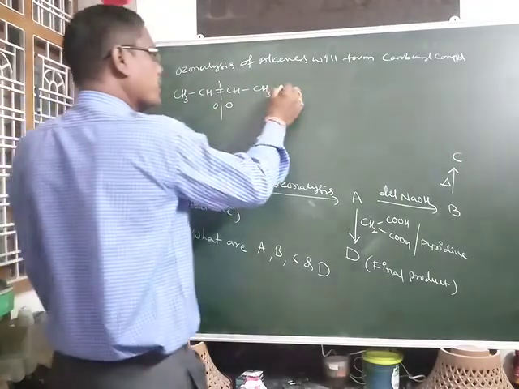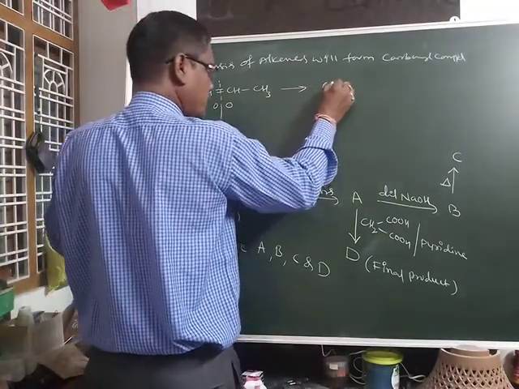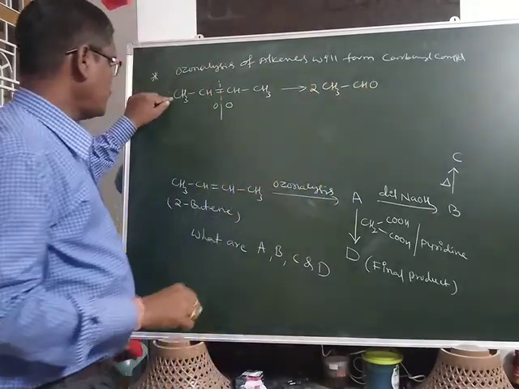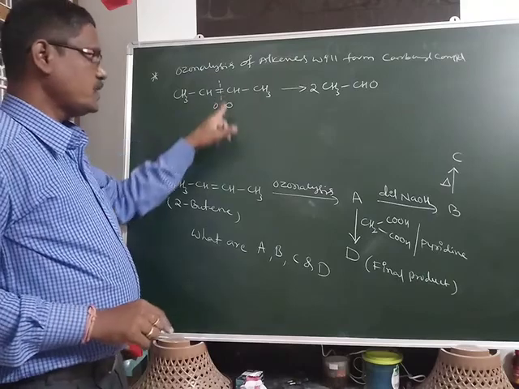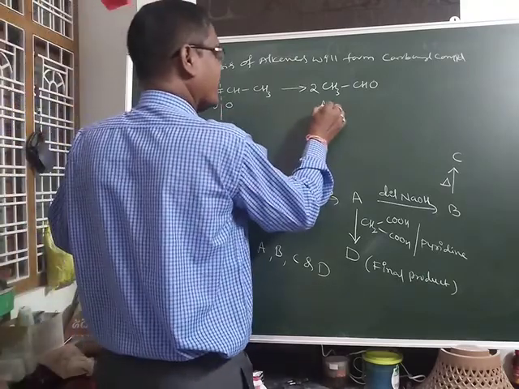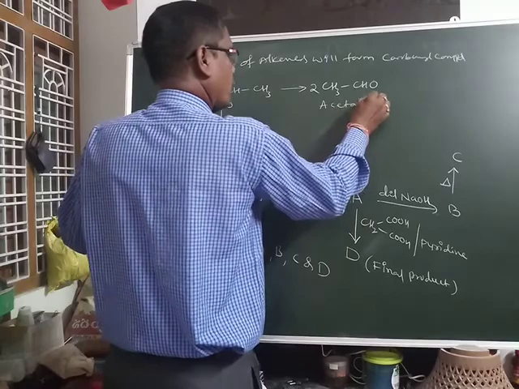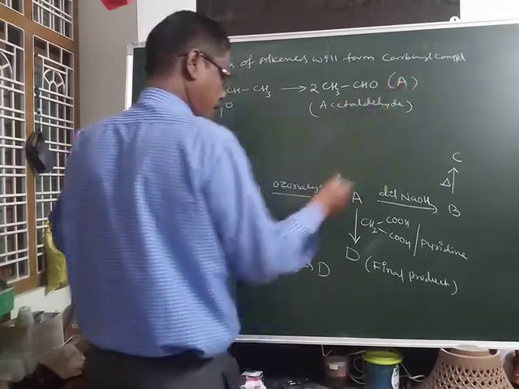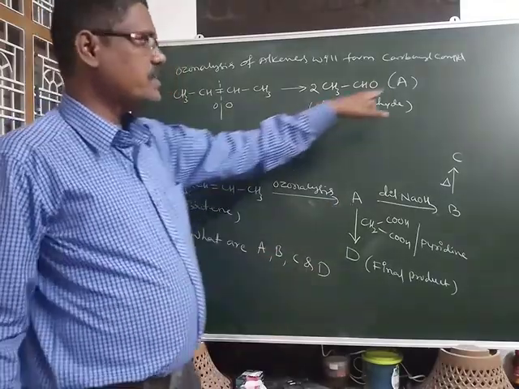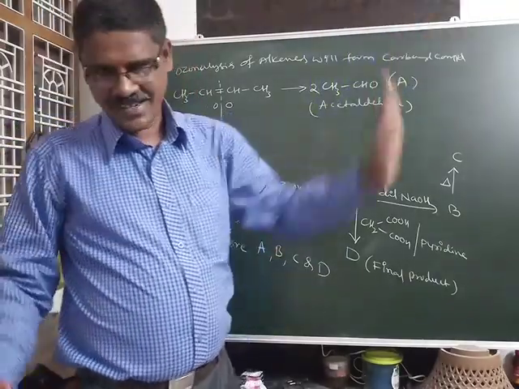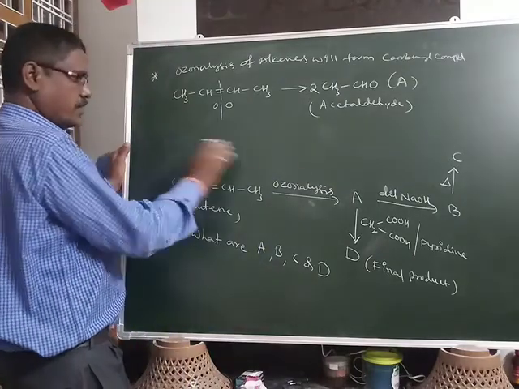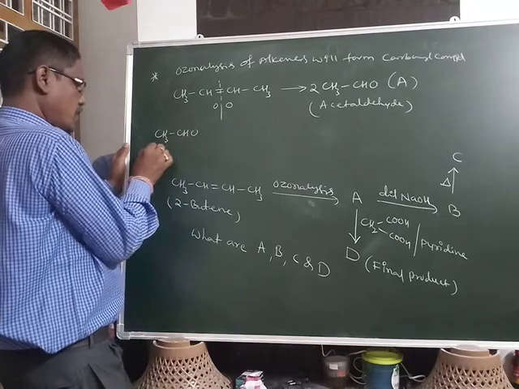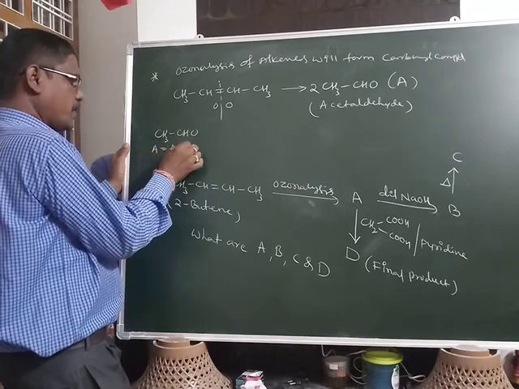Then we obtain CH3CHO, CH3CHO, which is called acetaldehyde. So this is A. In this reaction, A is acetaldehyde, CH3CHO.